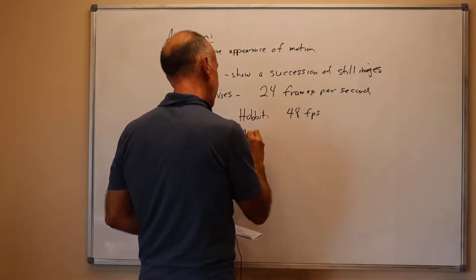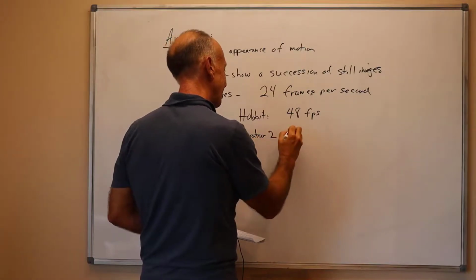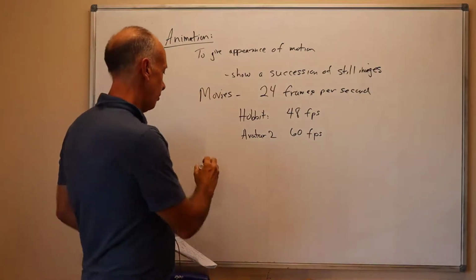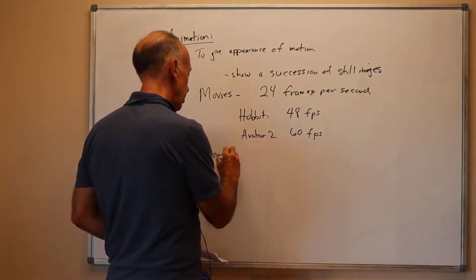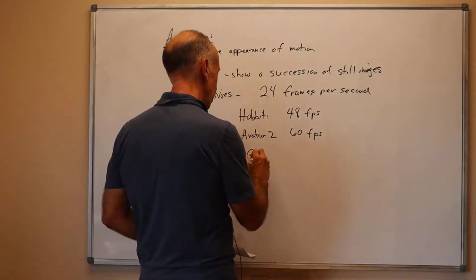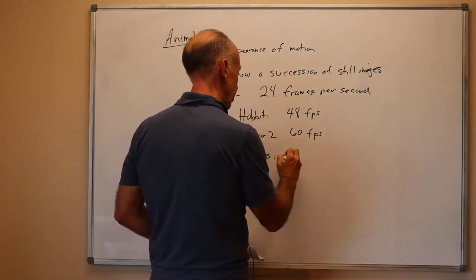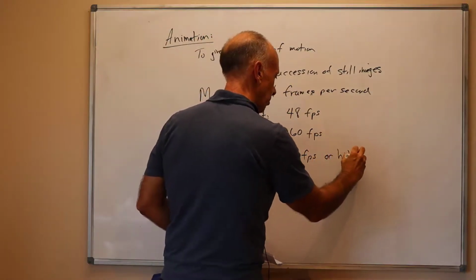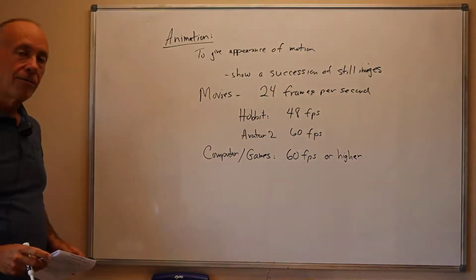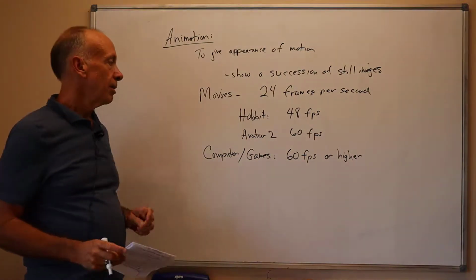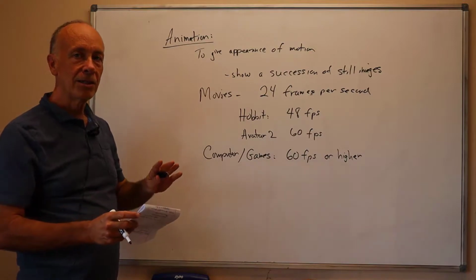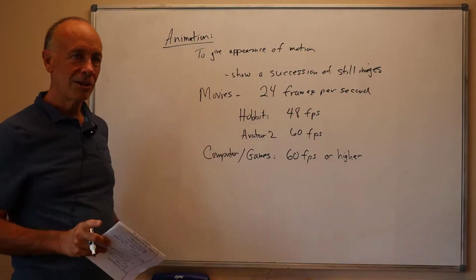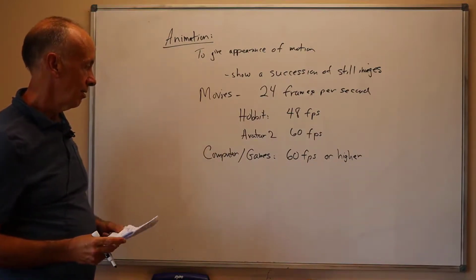The Avatar 2 had 60 frames per second. So this higher frame rate makes for smoother looking motion. Computers will typically have 60 frames per second. Also, computer games will usually have 60 frames per second or higher. In fact, games often try to go to 120 frames per second. So the higher frames per second makes a smoother looking motion, but the basic idea is we're showing a bunch of still images. Like when you pause a movie, you see a still image, and the movie is actually a sequence of still images that gives the motion in your eye.